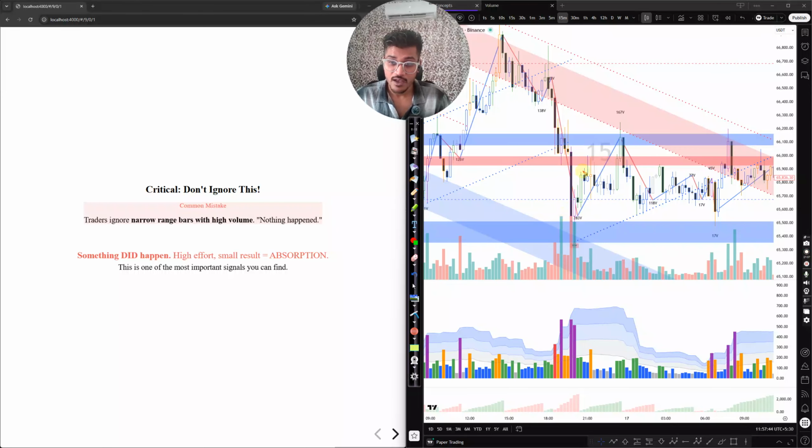When I talk about the candle, you see this candle here, this one, very high volume, right? But the move is not there. So this is a narrow candle.